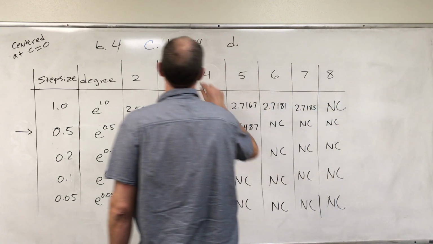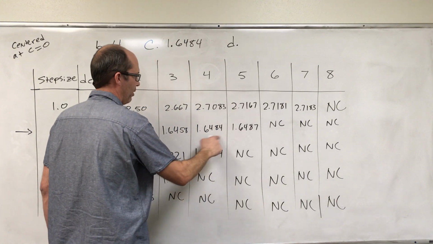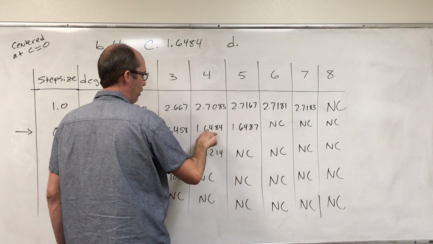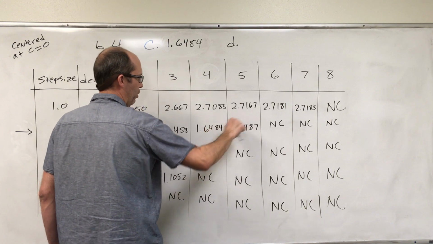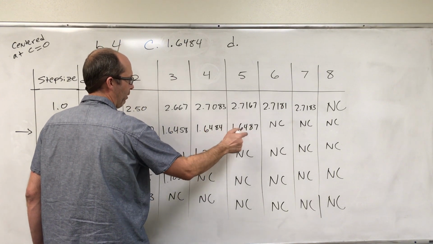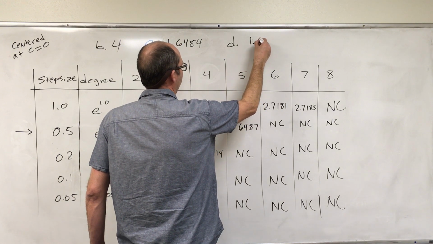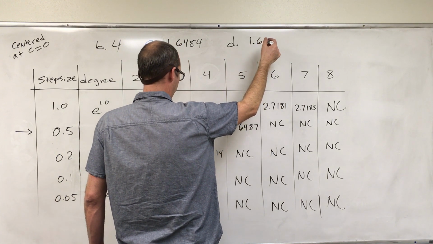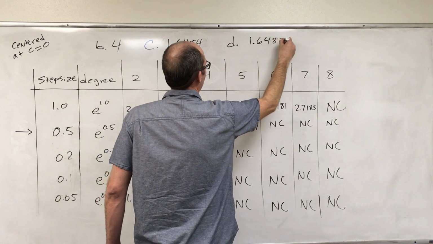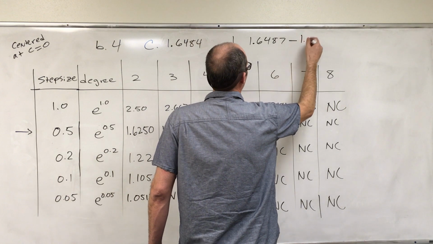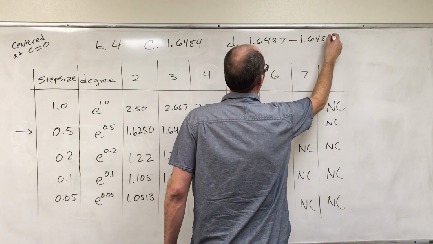So the error in this is the difference. It's how much closer to the actual answer you would get by going further. And so the answer here is 1.6487 minus 1.6484.